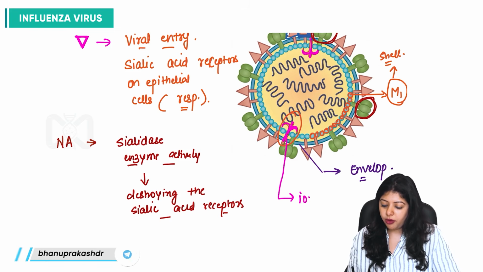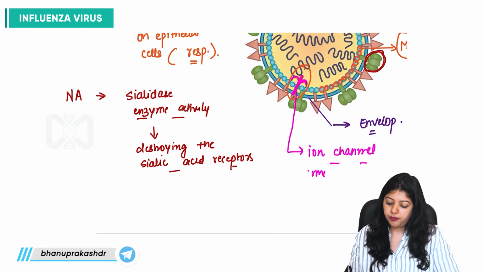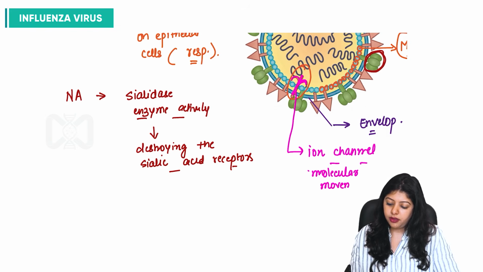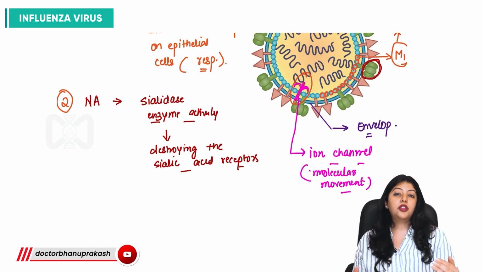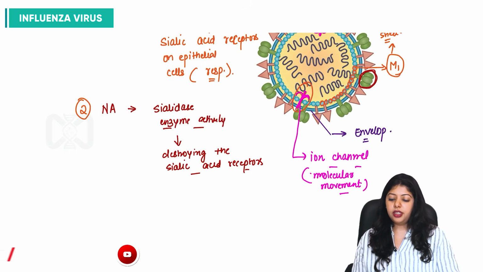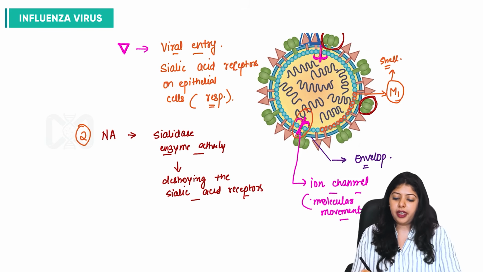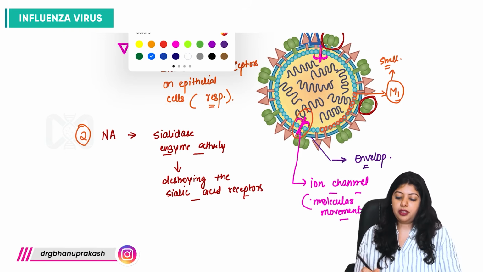So this is forming the ion channel for molecular movement across the virus, and the transit of different molecules from the host to and fro to the viral structure. So these are the important structural proteins, and the one which we have already discussed, the RNA segments.